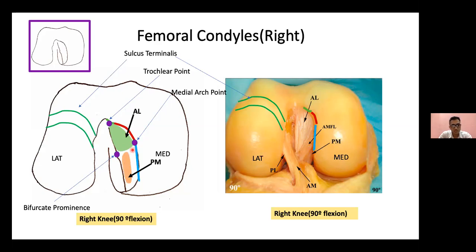And then there is another bundle called the posteromedial bundle, inferior to the anterolateral bundle and inferior to the medial intercondylar ridge, posterior aspect. Anterior to this bundle there is the attachment of the anterior meniscofemoral ligament, while posteriorly it has the posterior meniscofemoral ligament.